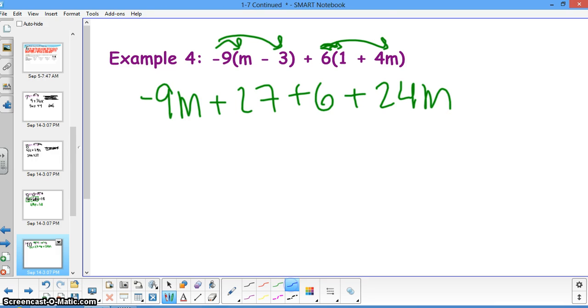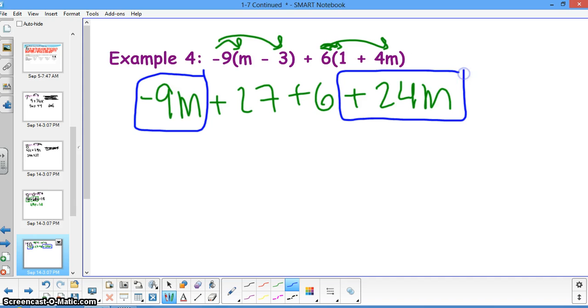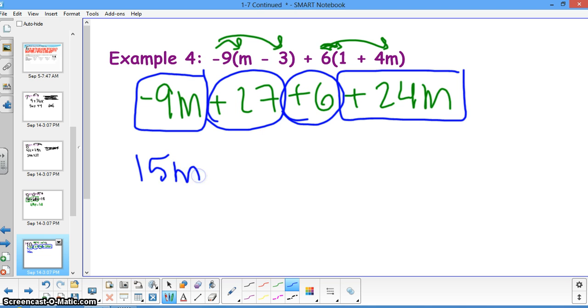And then I am going to box around things that are similar. Keep in mind, I'm including the sign when I box because it makes a difference. And these are similar or like terms, so I put circles around those. All right, so let's combine. 24 plus negative 9m is 15m. And then 27 plus 6 is 33. And the variables first, so that is my final answer.